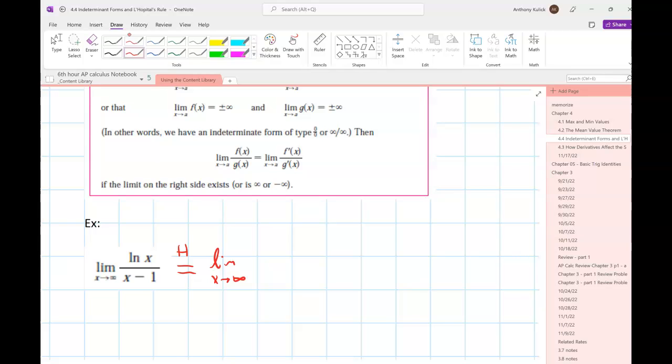What's the derivative of the natural log of x? 1 over x. What's the derivative of x minus 1? 1. Now let's do our direct substitution. What's the limit as x approaches infinity of 1 over x? 0. What's the limit as x approaches infinity of 1? 1. So my answer here is just 0.